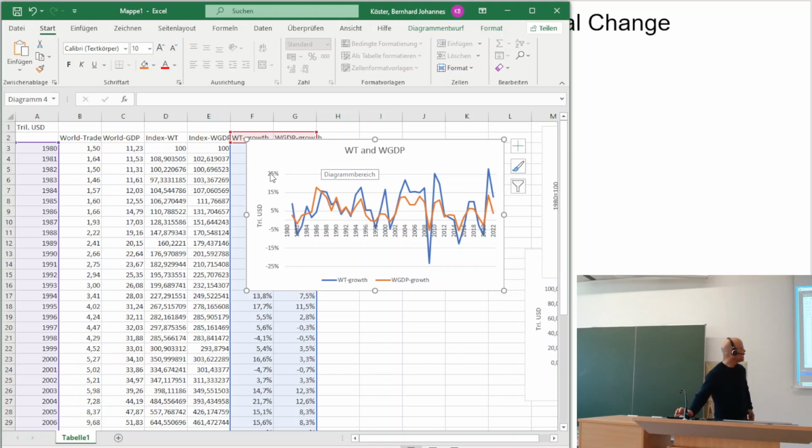Well, and what we see now here is what we already also have shown in a qualitative way in the other diagram, that until 2000, the orange line and the blue line are still lying on each other more or less.